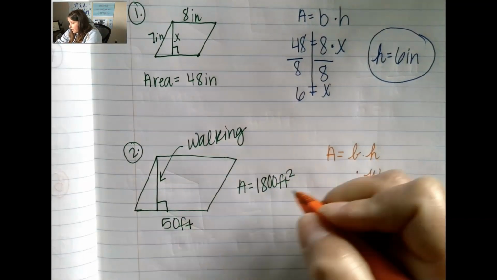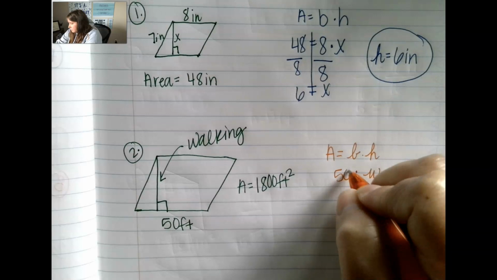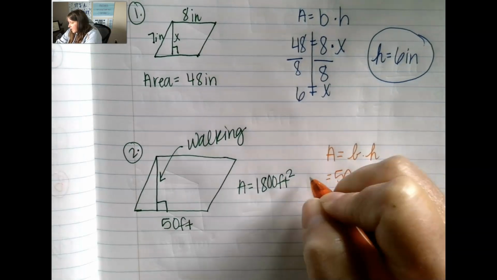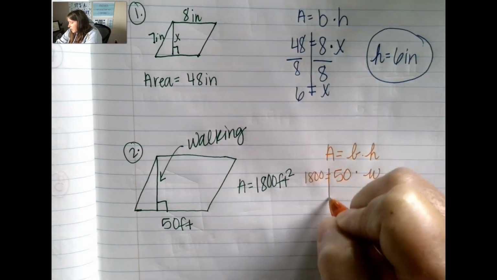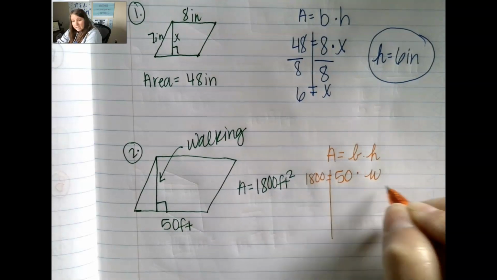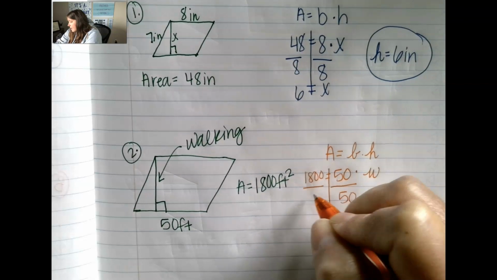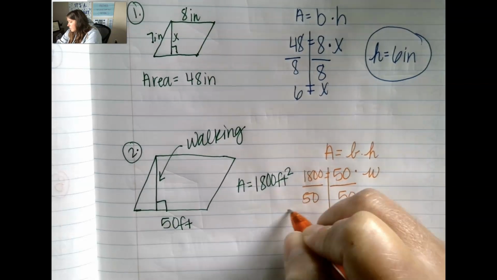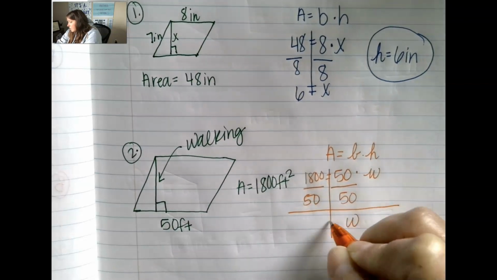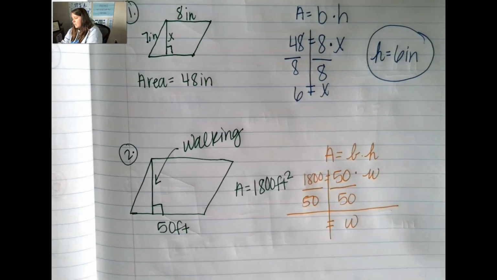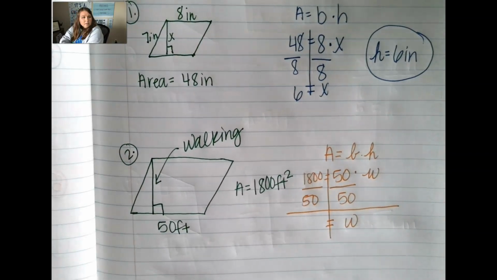The base, the bottom is 50. And my area is 1,800. I'm ready to solve. I need to isolate this variable by using division. So this says that W equals 1,800 divided by 50.